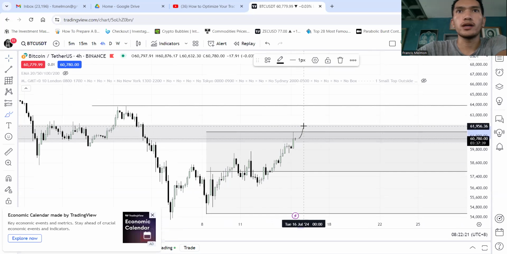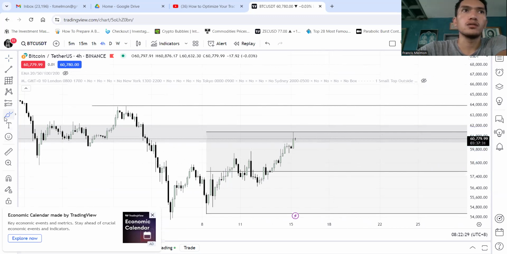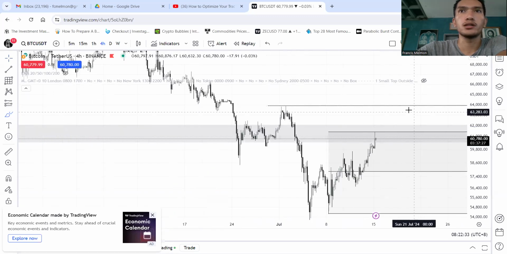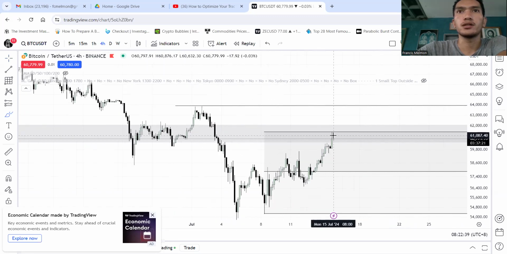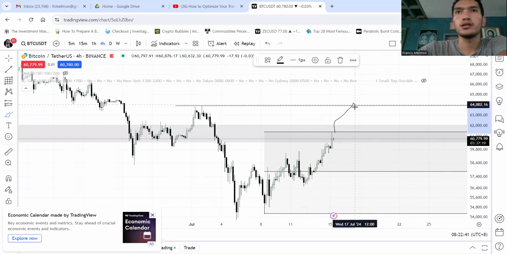So we might take this high before we have a price action going down. Or another scenario will be to take the liquidity in this part or key level right here. Just take liquidity, okay, like that.